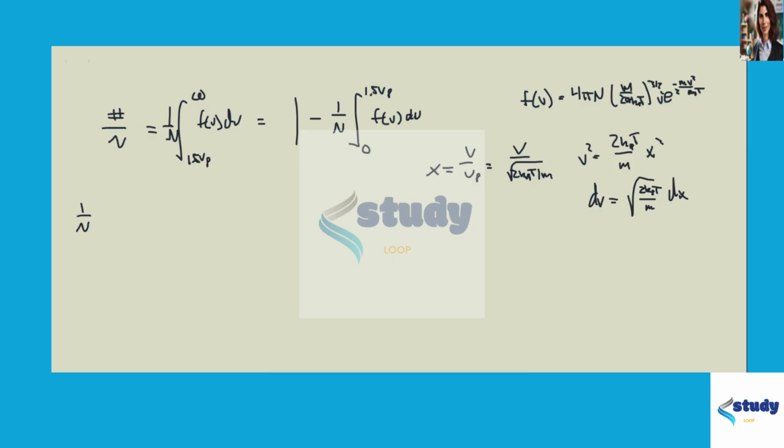With this substitution, we now have our integral, 1 over N from 0 to 1.5 vp of f of v dv. This now equals 1 over N from 0 to 1.5 vp of 4 pi N over 2 pi kB T to the 3 halves, v squared, e to the negative 1 half m v squared over kB T. That's what the integral is.